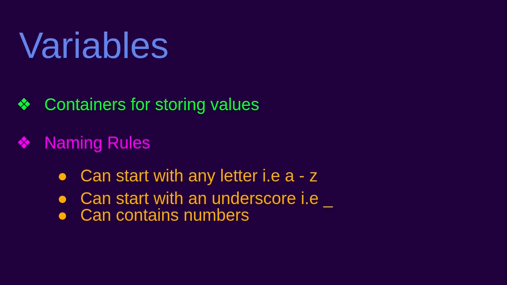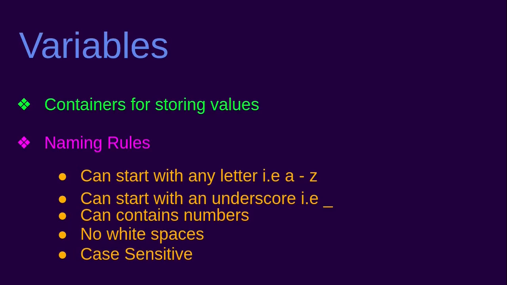The third point is just saying that in your variable you can include numbers. The fourth one, you cannot include white spaces in your variable name, right? White space is just a space between two words. Normally when you write paragraphs, you separate words with a space, right? That's what it's referring to, a white space.